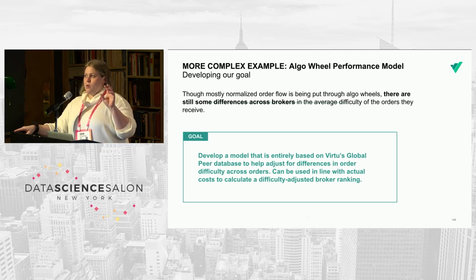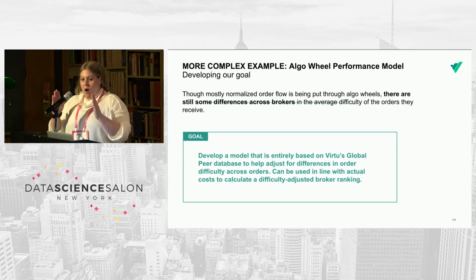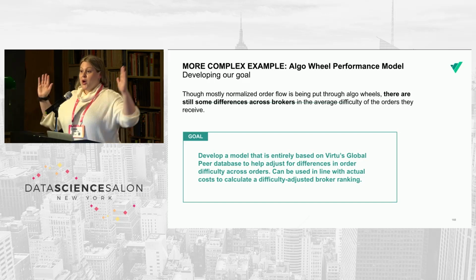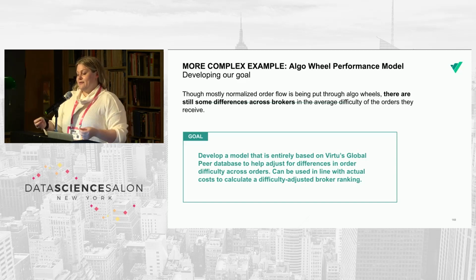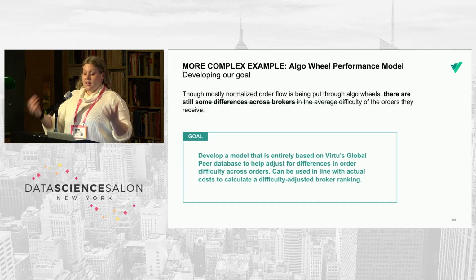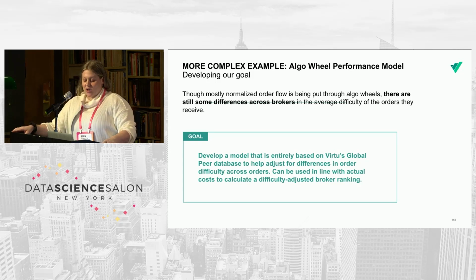So going back to what we said has been successful from an approach perspective, small, finite goals. So we reduced our prediction space. We reduced it to a very specific type of trade, which in this case is an algo wheel. So I know I'm throwing out a ton of different trading industry terms. An algo wheel is a randomized experiment where you route orders to different brokers in order to evaluate how they perform.